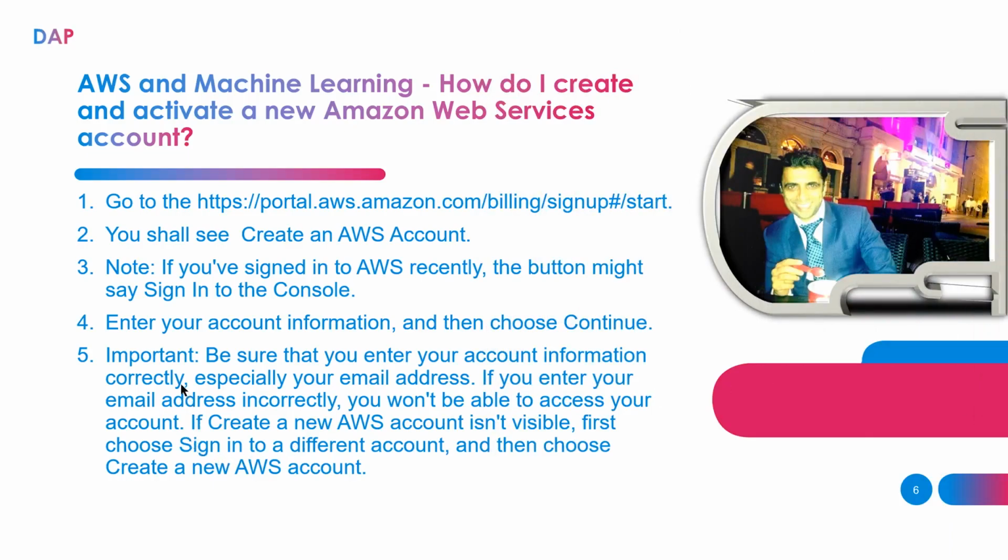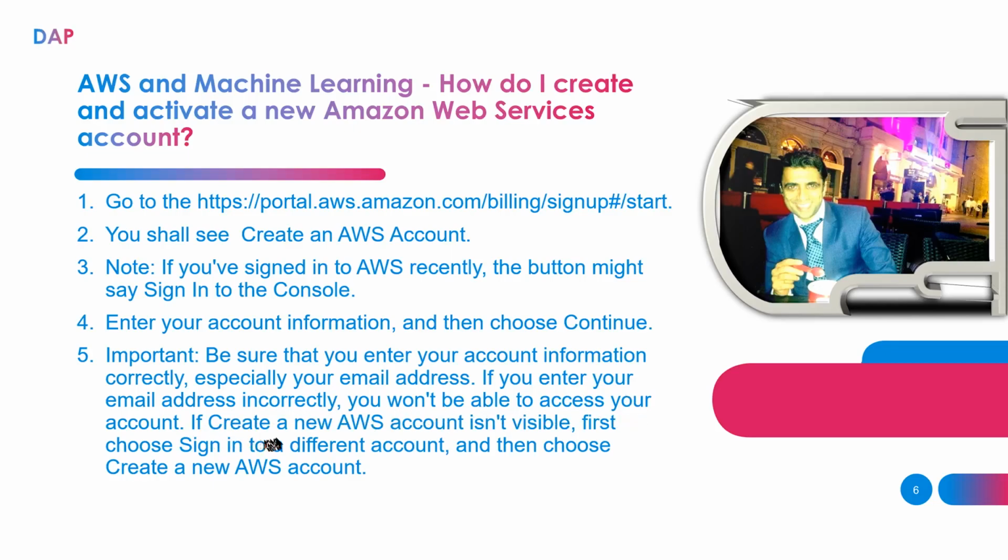It's important to be sure that you enter your account information correctly, especially your email address, because that's used for various communication from Amazon. If you enter your email address incorrectly, you won't be able to access your account.